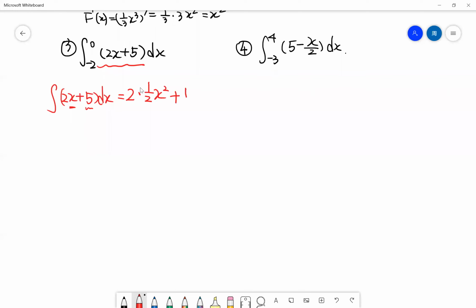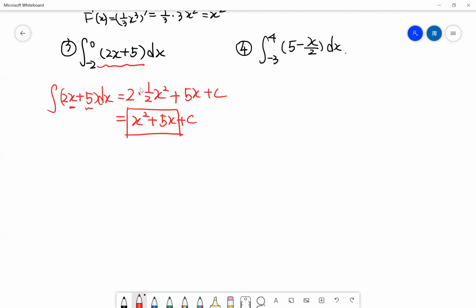So here we add 5x and then plus c. So that means x squared plus 5x plus c, and x squared plus 5x is the antiderivative we want.